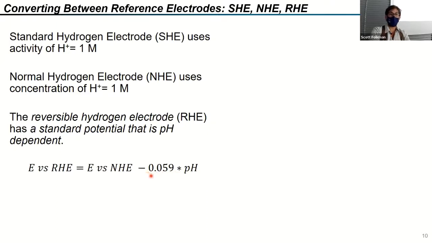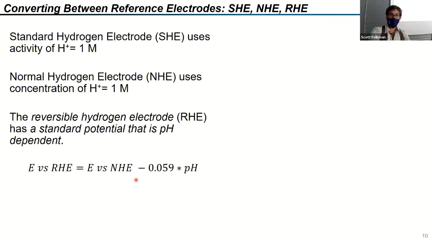Remember last time I talked about how 0.059 volts is similar to a pH unit, and you can see that relationship here. Because for every order of magnitude change in pH or a change in H+ concentration, we shift the thermodynamic potential by 59 millivolts.